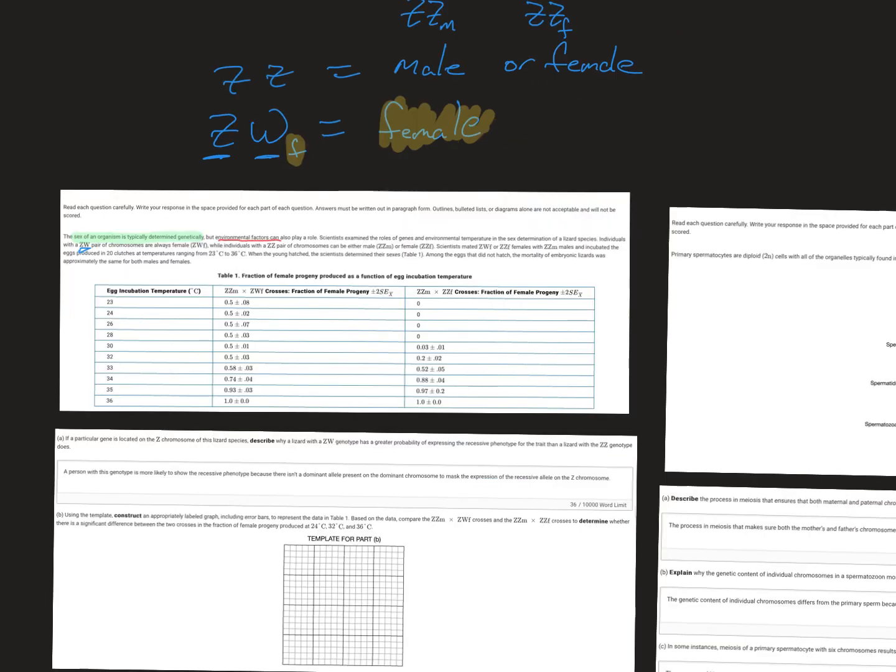So we have scientists examining the roles of genes and environmental temperature in sex determination in lizards. ZW means that you're female always, and they put a little F there just to let you know. And ZZ is either male or female, depending on the environment.